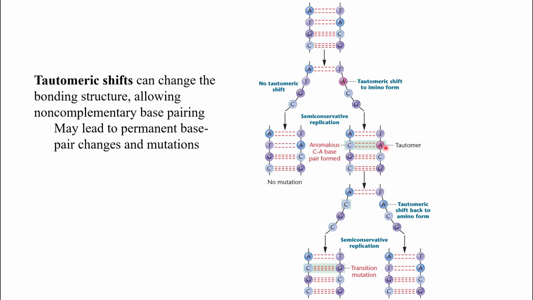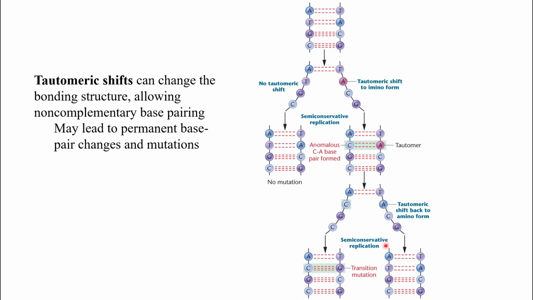So in the next round of replication, what happens? Well, we go single-stranded, and because generally these bases don't like to be in these tautomers, and the only time it happens is when they're not being bound up, it tends to shift back. So that adenine shifts back into its regular form.